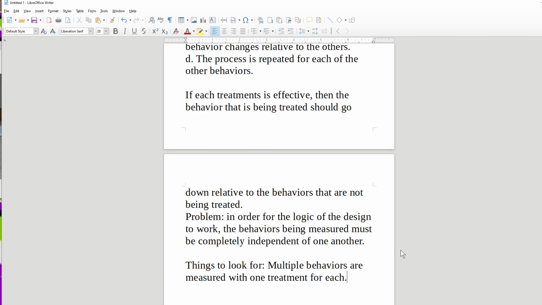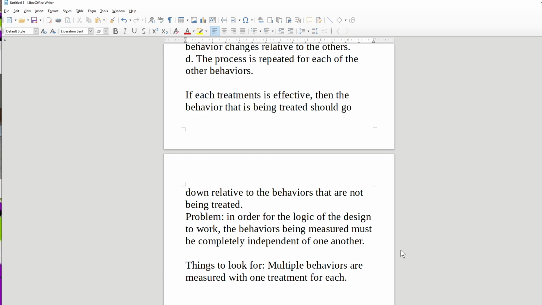It's the only one with multiple dependent variables, multiple behaviors that we are measuring. The way I remember that is multiple baseline has multiple behaviors. If you can remember that little phrase, that will help you to identify the multiple baseline design. Again, of course, it has to be a single subject design, like the reversal design does. Okay, well, that's the multiple baseline design.